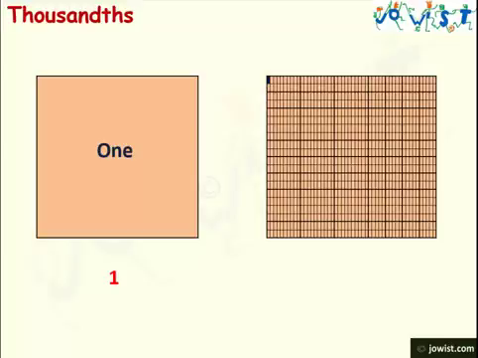We have one rectangle shaded, which is equal to 1 upon 1000 is equal to 0.001 or thousandth.